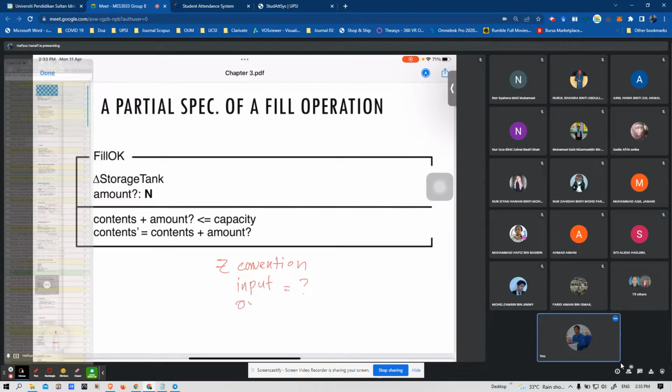And then Z symbol like this. Z symbol means that the schema name is not changed. And then for the delta, it would mean that the schema name will change. This one will change.